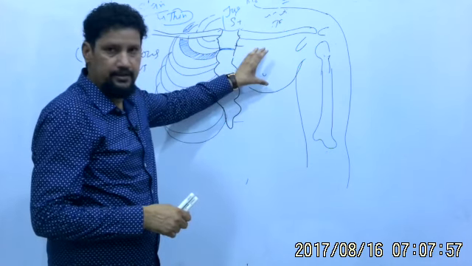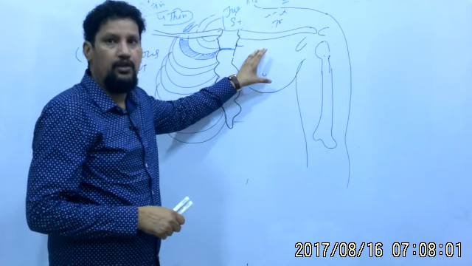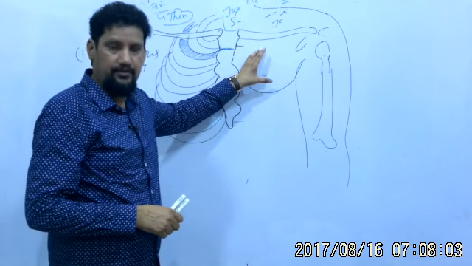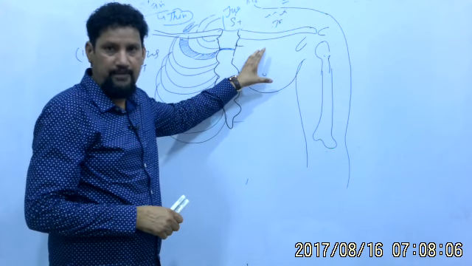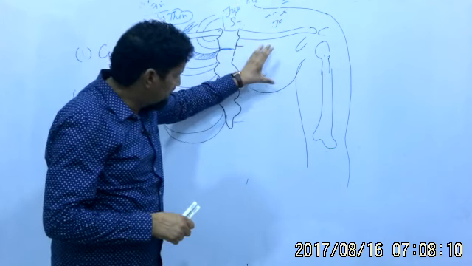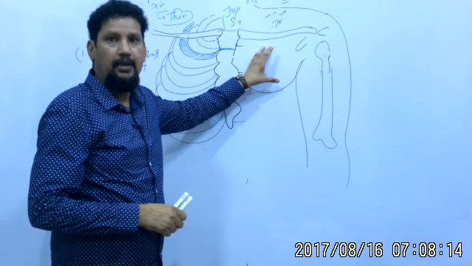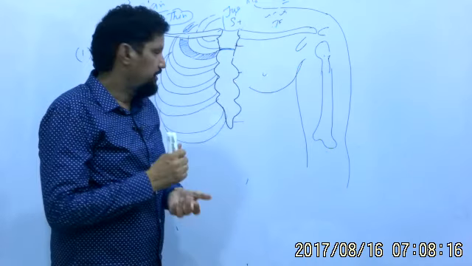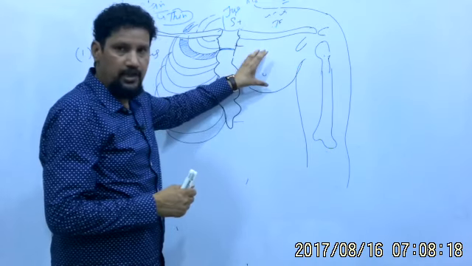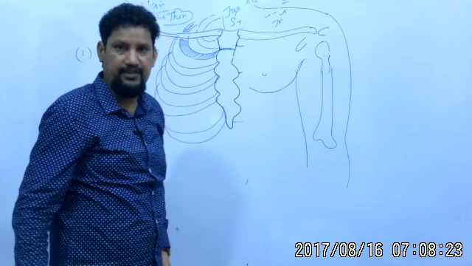So, it is rudimentary in males, rudimentary in young females before puberty or menarche, but well developed after menarche and the teenage years, and very well developed at the time of pregnancy and lactation.